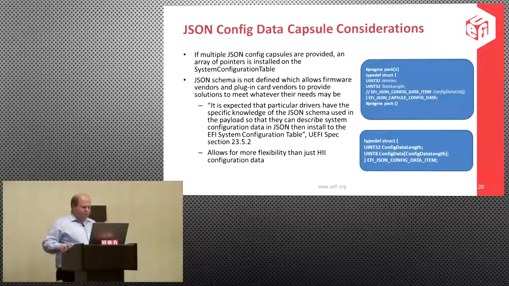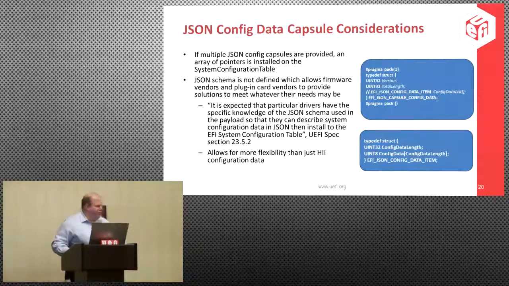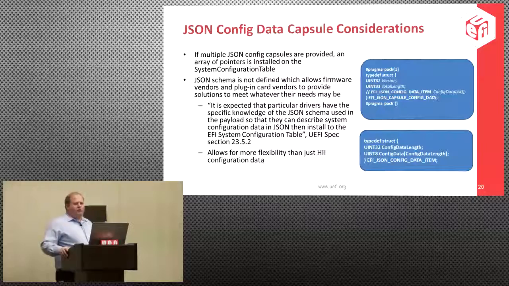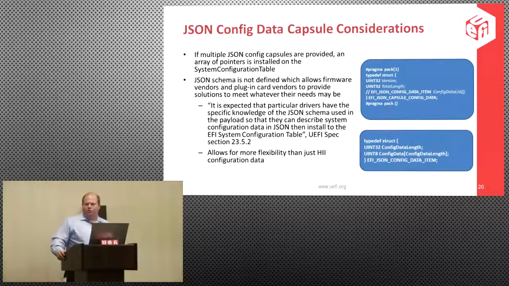However, it's saying that it's JSON data. If you look at what's in the struct in the lower right there, you can see that it is configuration data length and just an array of uint8s that's the configuration data. I would say JSON's probably the industry standard to use for something like this today, but you could extend it to something else if you wanted to.